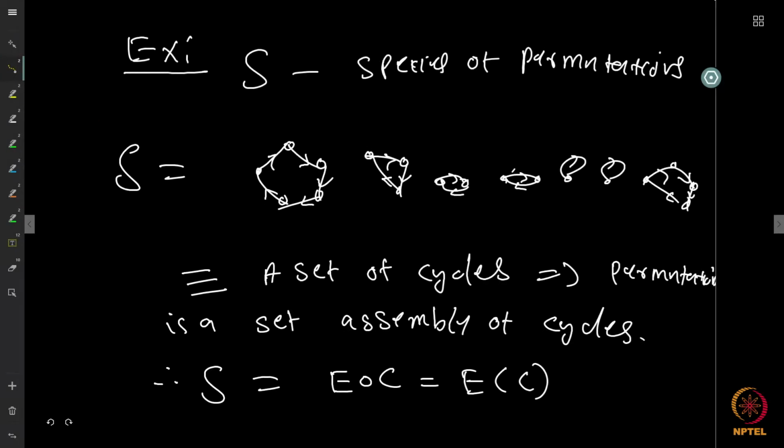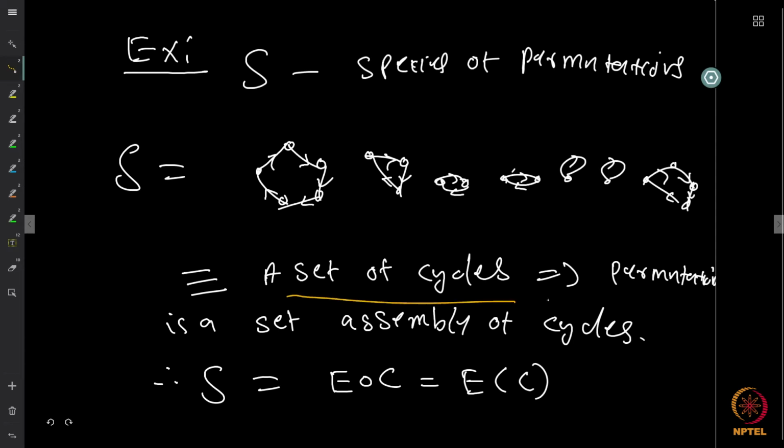Now, as an example, let us look at the species of permutations. Okay, so species of permutations, we know that a permutation is basically represented by cycles, right? So you can decompose the elements into cycles. So any permutation is basically a collection of cycles, which is a set of cycles, right?